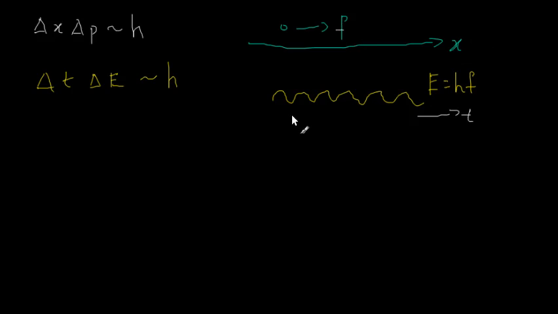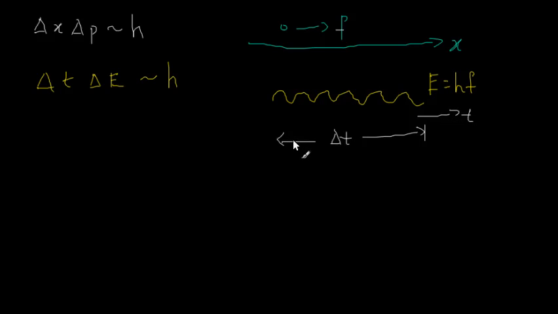So let's imagine that there's this wave, this electromagnetic wave or light wave that oscillates for a period of time delta t. It only oscillates for a period of time delta t and then stops. It's like you switch on the light for, say, 2 seconds and then you switch it off, for example.